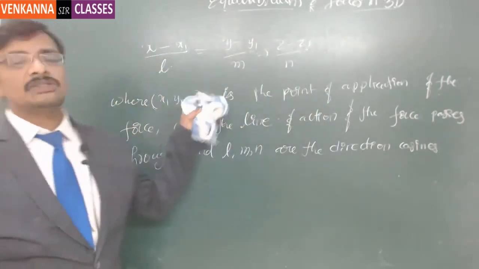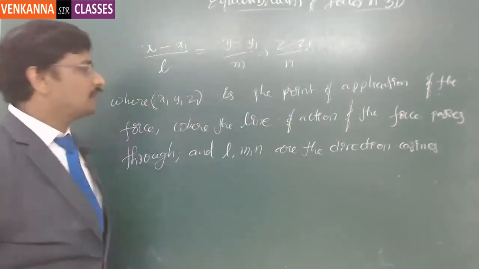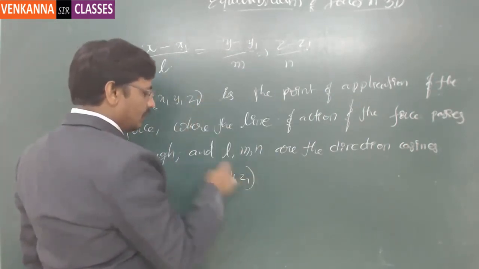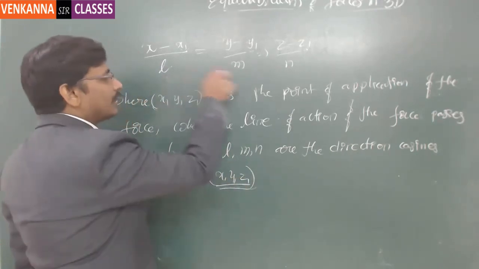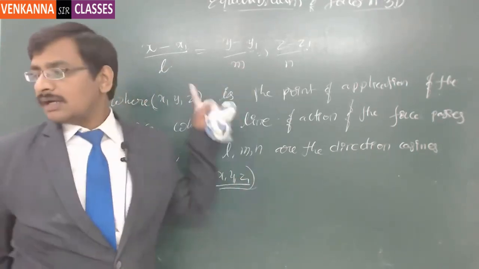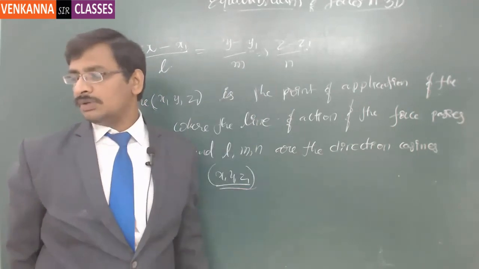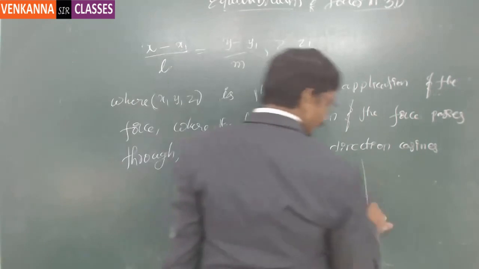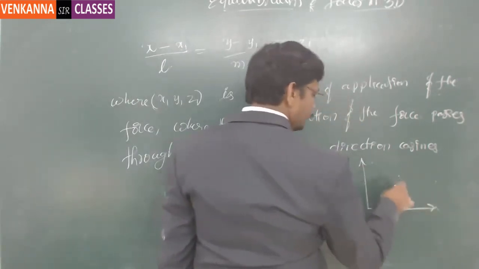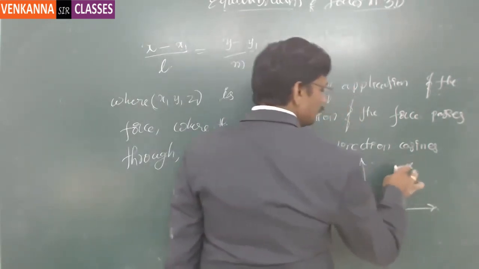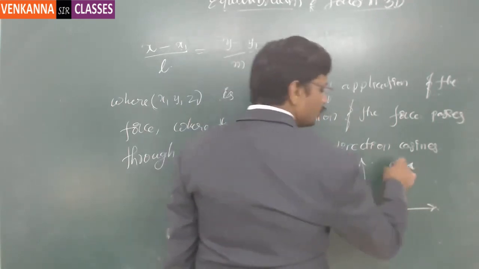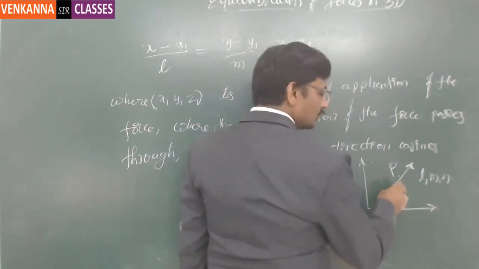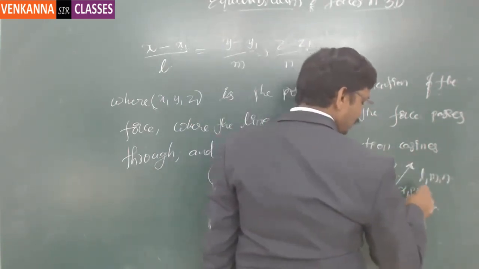So as and when you see this location, you can straight away say that the point of application of the force is x1, y1, z1, and the direction of the force is going to be L, M, N, which will give the cos alpha, cos beta, cos gamma values. So these are the direction cosines. That means if there is a force P acting at one particular location, let us say this is the force acting like this, so this is a force vector of magnitude P, and the direction cosines are L, M, N, and the location of the application of the force is alpha, beta, gamma.